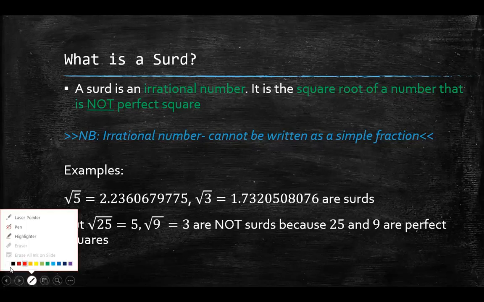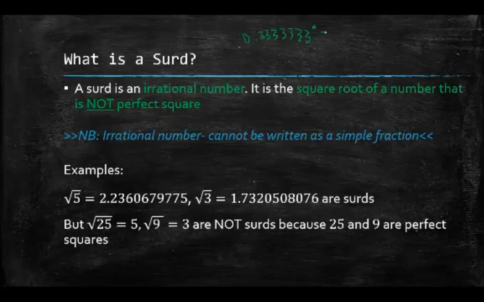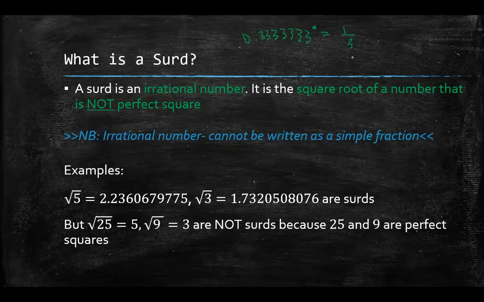So you know how some decimals, let me show you, like 0.3333333 recurring. This could be written as a third, right? So that's an example of one of these long decimals that can be written as a simple fraction. But surds, which are irrational numbers, cannot be written as a simple fraction.